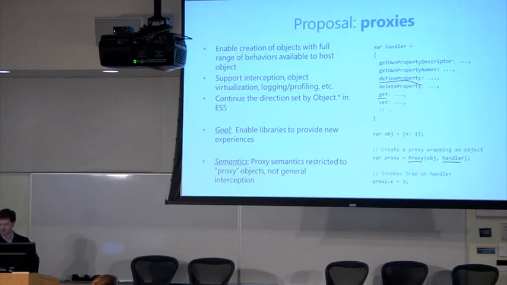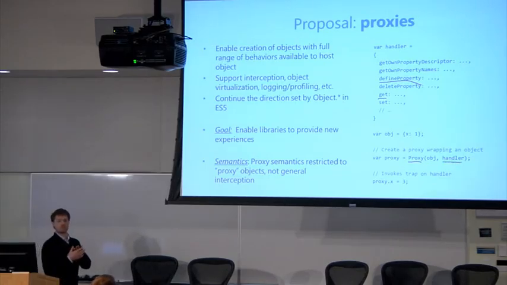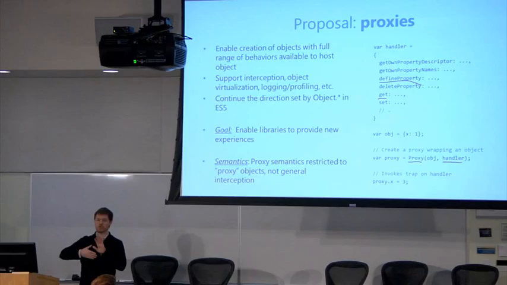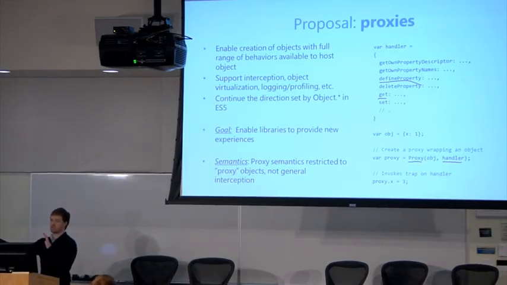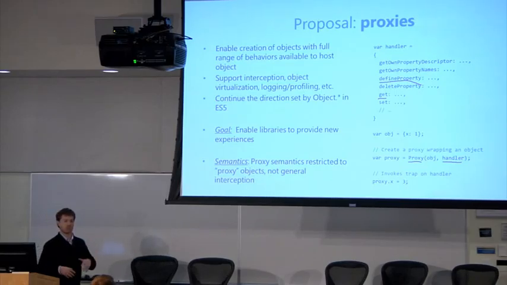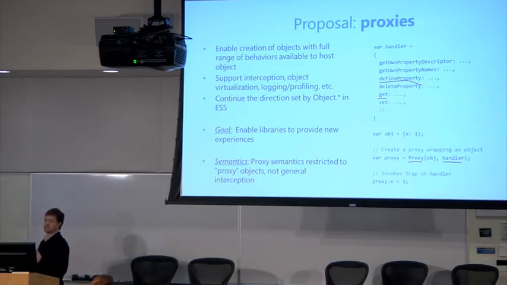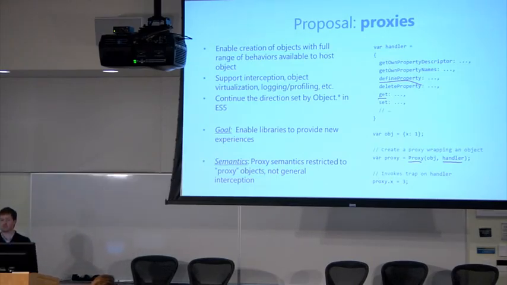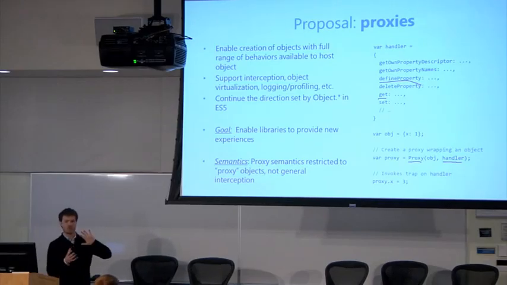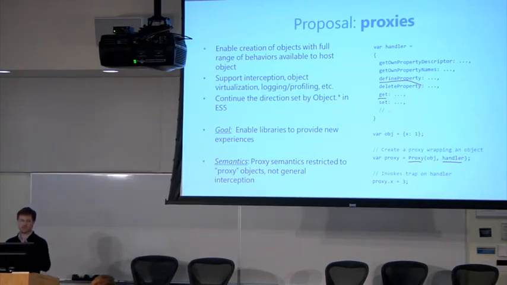What this gives me back is a new object, which has a little proxy in between that object and the underlying object. And so it can see any operations done, and it can intercept those operations. It can do logging around those operations. It can do anything it needs to change the behavior of what those operations do. And this allows a lot of new scenarios. It allows creating virtualized objects. It allows creating transparent layers that do caching and logging and various things like that.